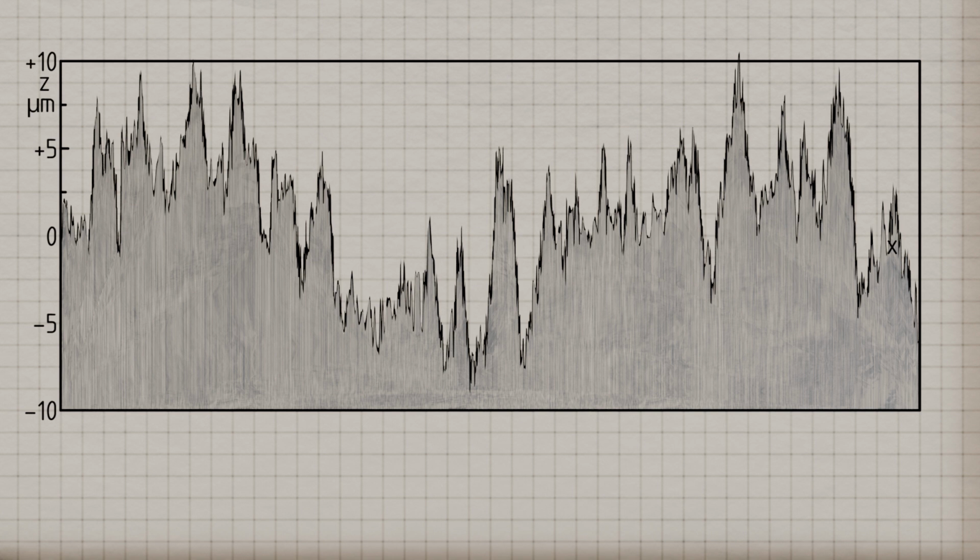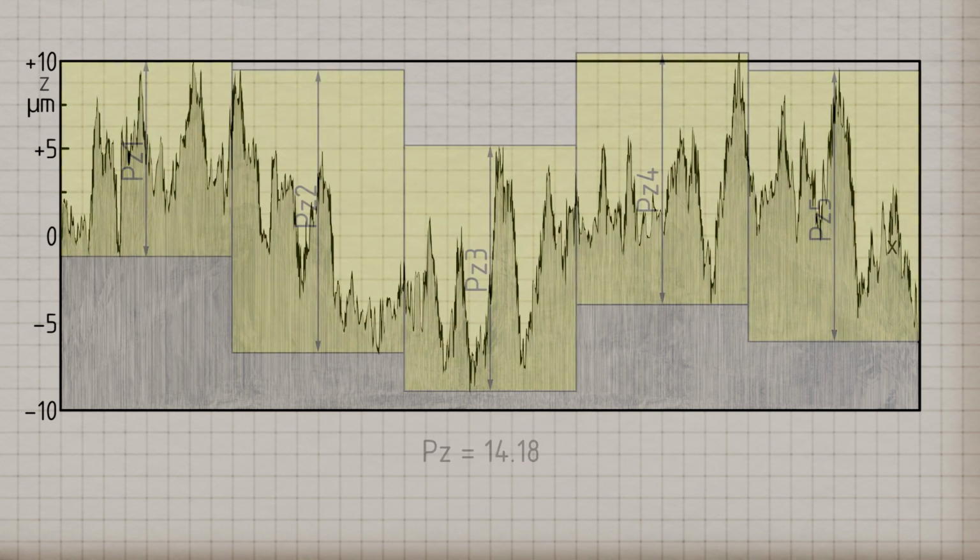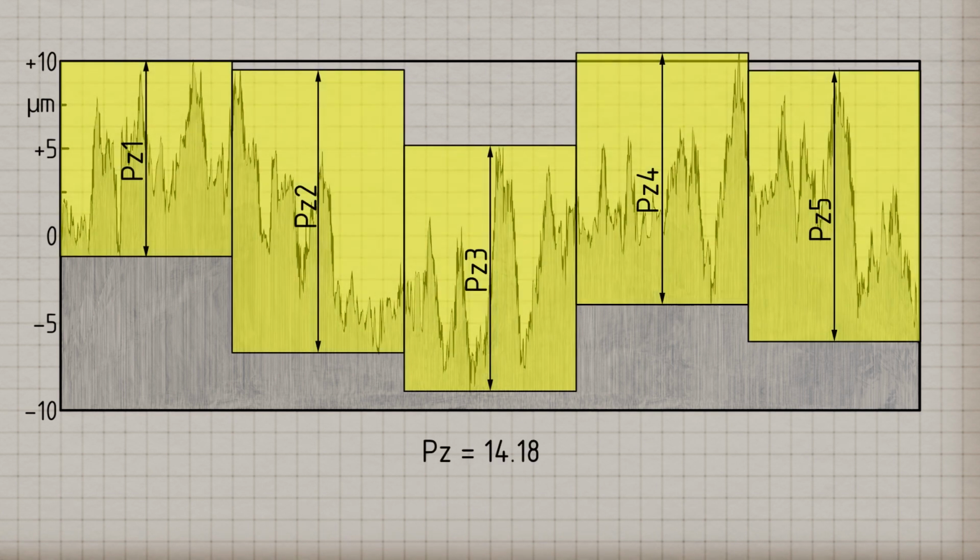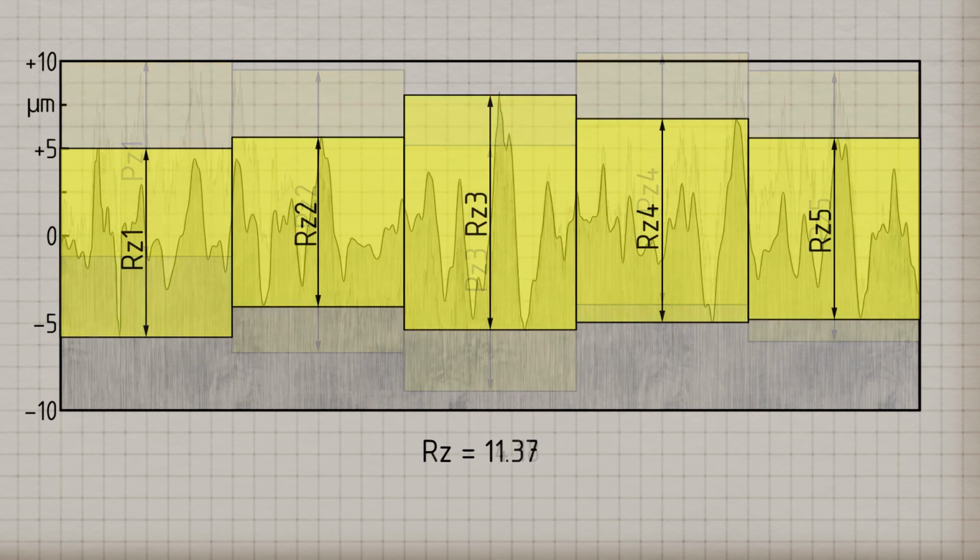Only in this way is it ensured that only the roughness of the surface is actually captured and used for evaluation. It is easy to see, for example, that the profile heights differ significantly when determined from the primary profile without filtering. While we obtain an average profile height of PZ equals 14.18 for the unfiltered primary profile, the RZ value for the filtered roughness profile is 11.37.